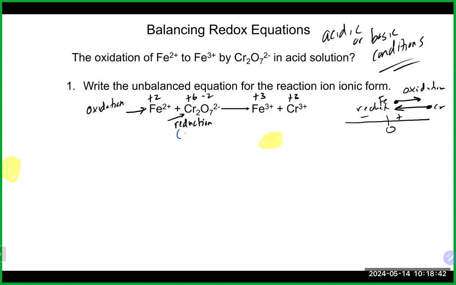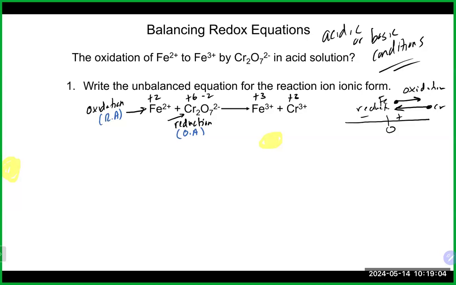The dichromate here would be my oxidizing agent. This would be my reducing agent in this case, because again, it's basically the opposite of the name. So once we have figured out what is going on, that's a great thing to know, because it could help make sure that later on you didn't mess up as you're doing this.